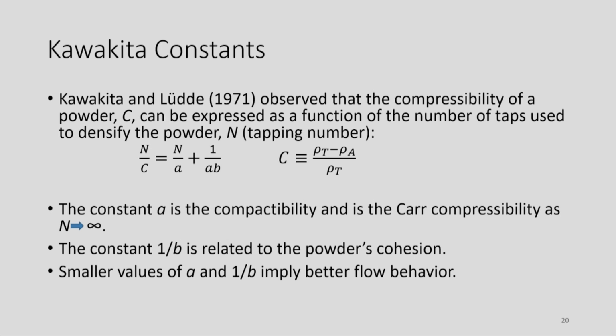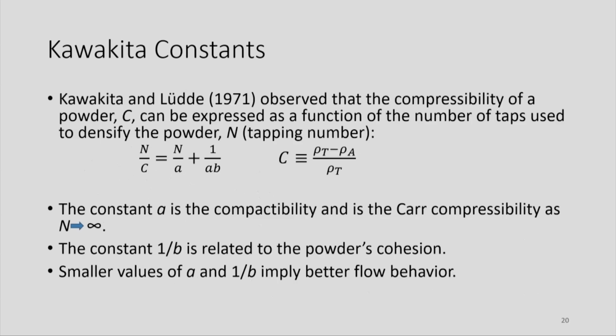Smaller values in general for A and 1 over B show better flow behavior. Number of taps tending to infinity means you can go on increasing the number of taps to get the tap bulk density, but at one point it stabilizes and becomes constant.